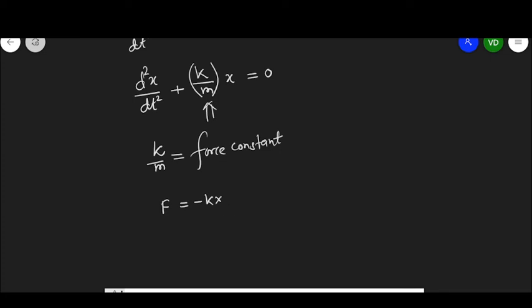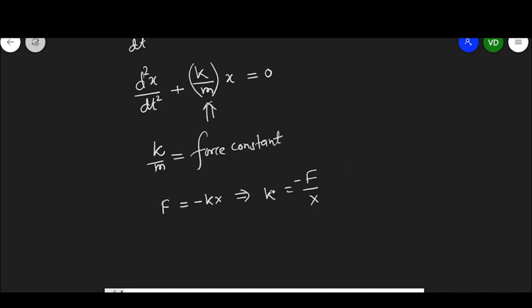Now just talk about the scalar values. So what we get is k equal to F by x with a minus sign. So this is force per unit length.